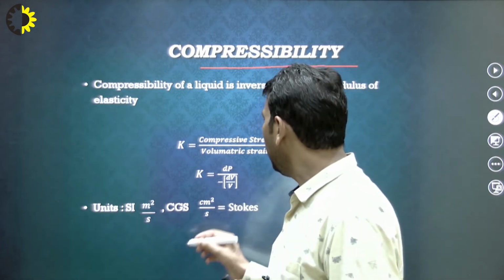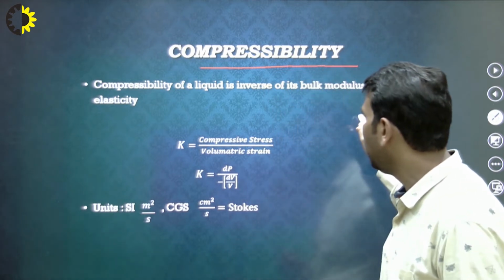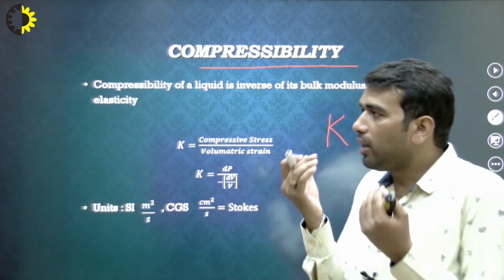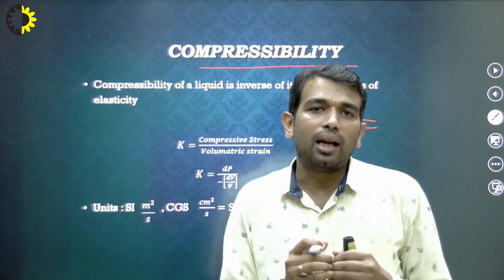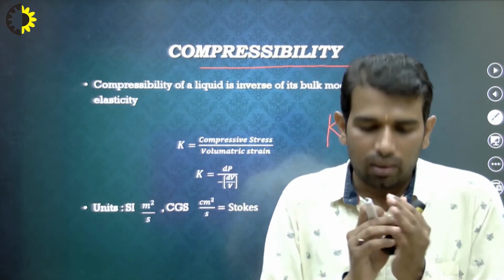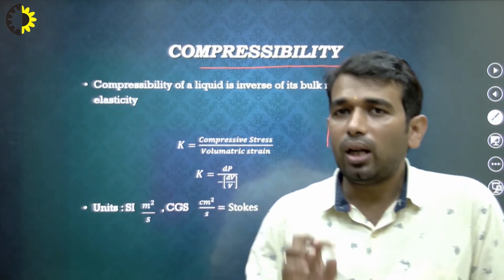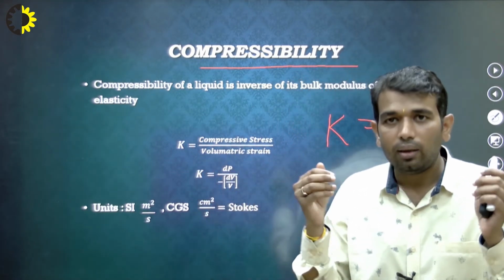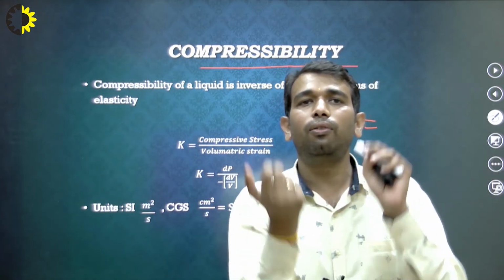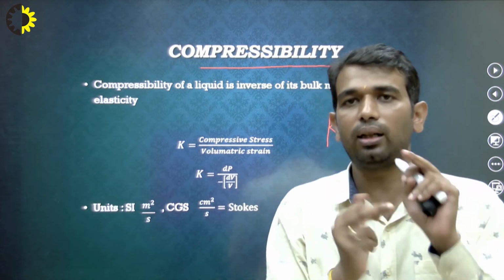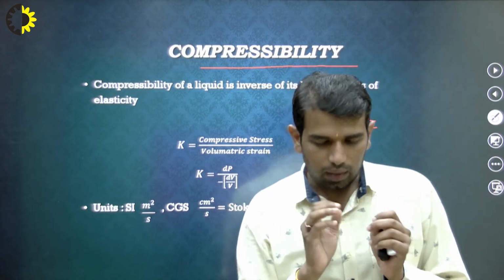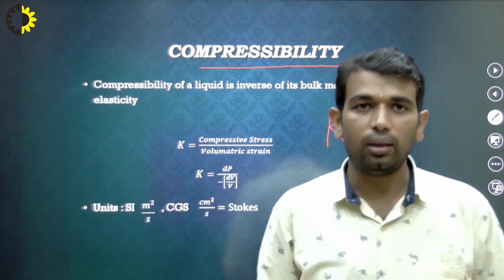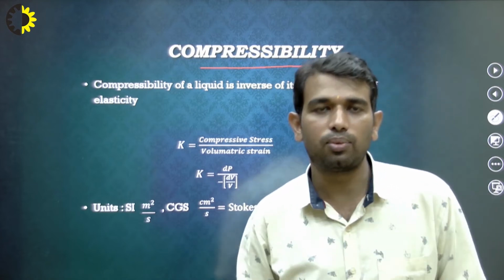We can define it mathematically: bulk modulus is compressive stress per unit volumetric strain, or stress by strain. The stress here is volumetric compressive stress, which we call the hydrostatic state condition on the particular substance.